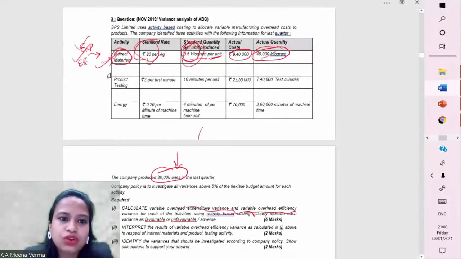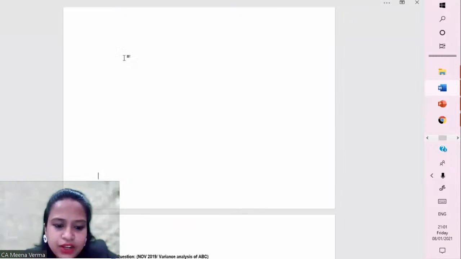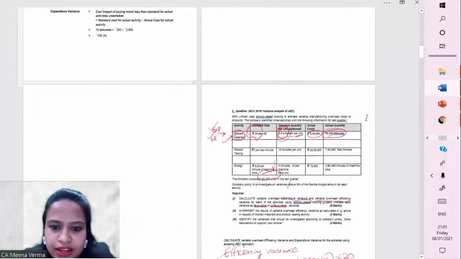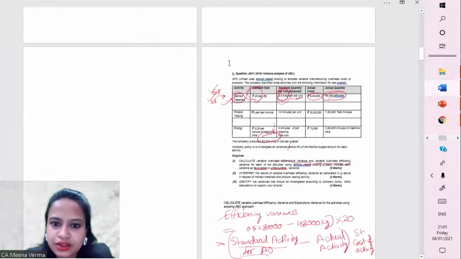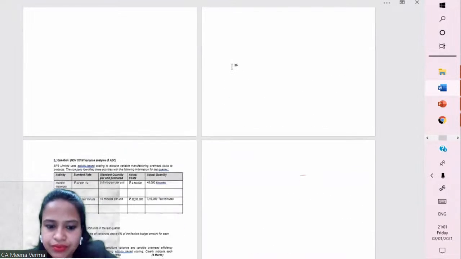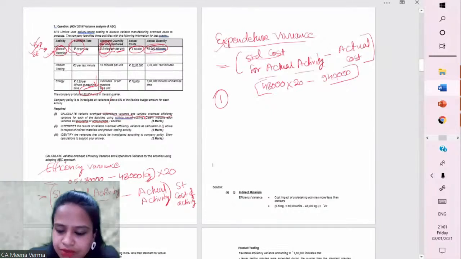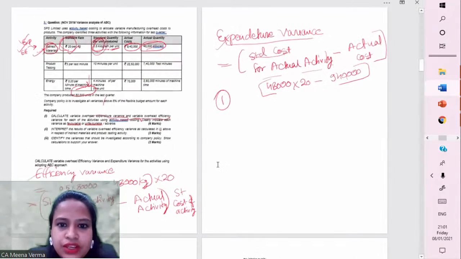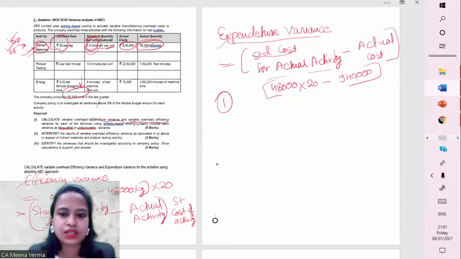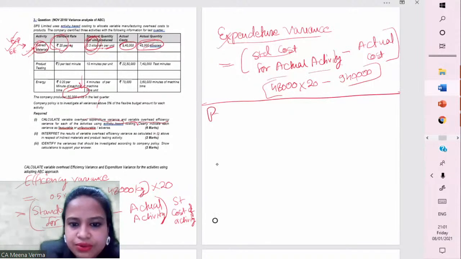I want all of you to try the next portion on your own and give me the answer, so that I'll be confirmed that you understand this concept. Let me do it in 2 pages and I expect you to do this. I'm waiting and I want an answer from you. It is very easy to solve this question. The way I have calculated the expenditure and efficiency variance for indirect materials, similarly calculate the expenditure and efficiency variance for product testing.